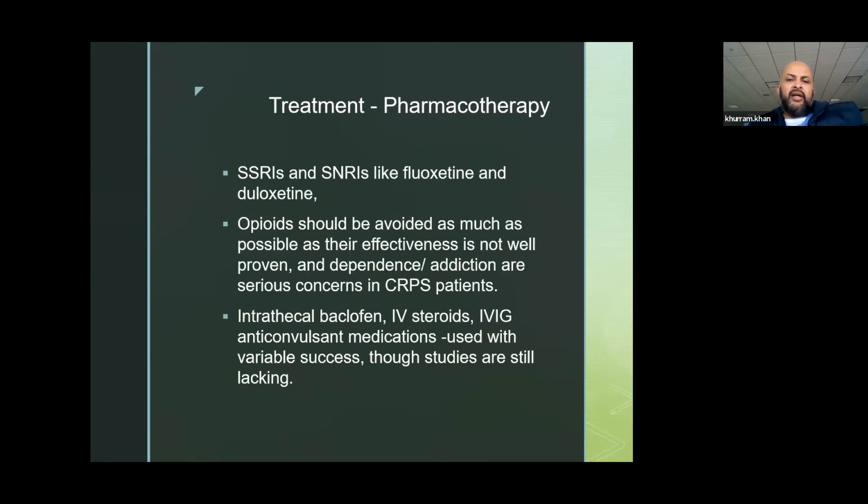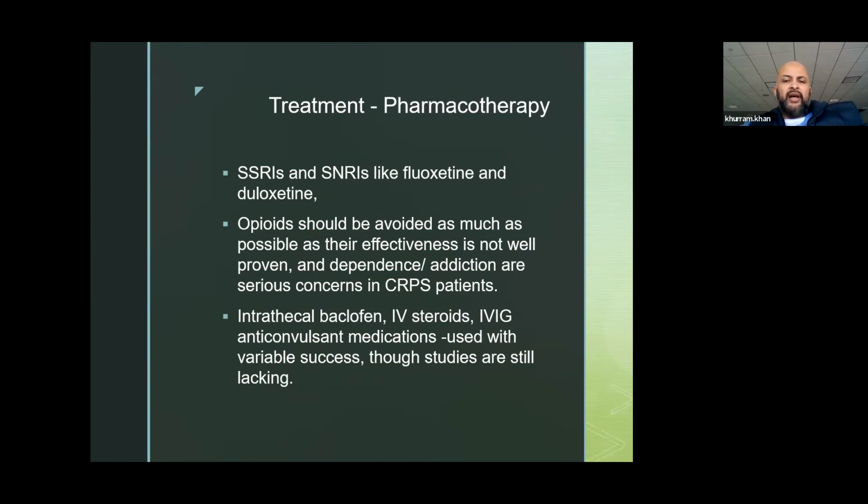SSRIs and SNRIs, as we all know. Opioids should be avoided, but we all see that there are tons of patients who actually are on the opioids unnecessarily for the CRPS patient.